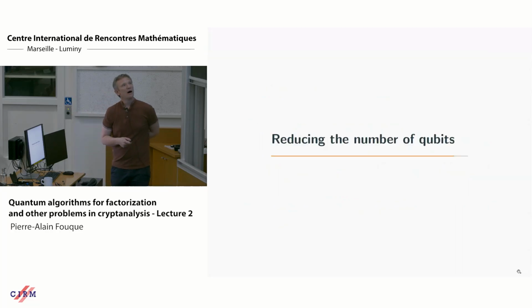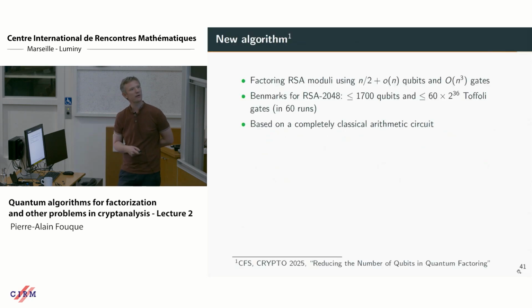Okay, so let me introduce what we did, in fact, with my co-author. And it will be published next month. So, in fact, we are not interested in reducing the size of the circuit, but we are interested in reducing the number of qubits.